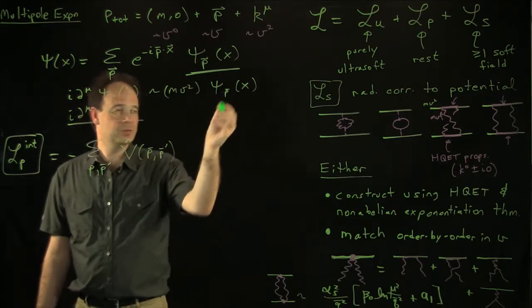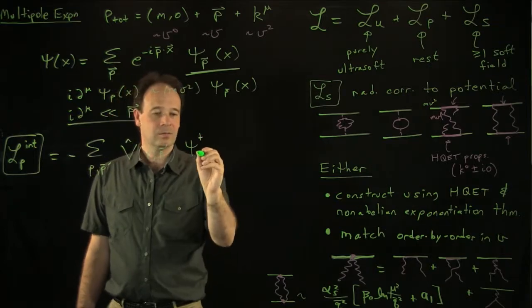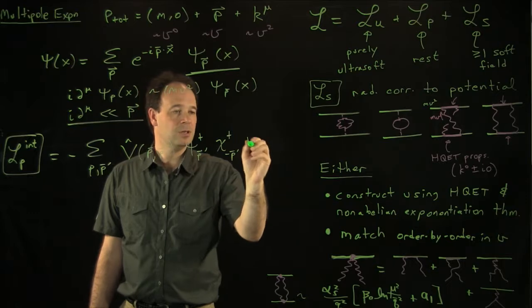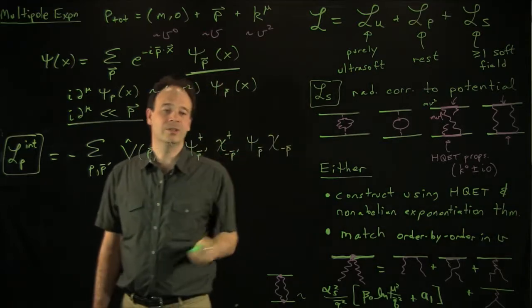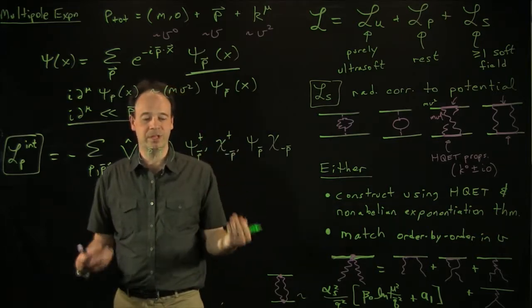And then it'll have fields with these labels. So we have psi p dagger, psi p prime dagger, chi dagger minus p prime, and then psi p, and chi minus p. So the fields are in this label space.